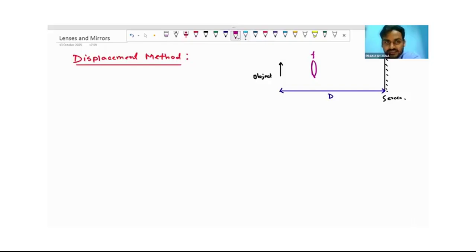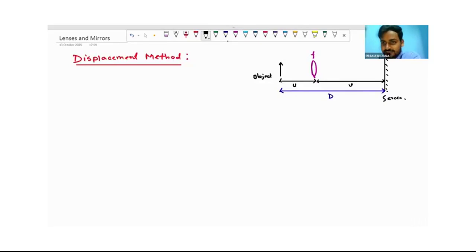Okay, the distance between the object and the lens is u and the distance between the screen and the lens is v, object distance and image distance, as you know.